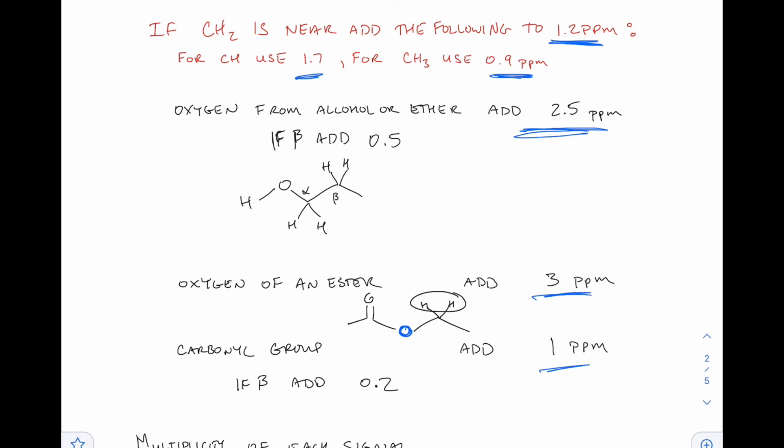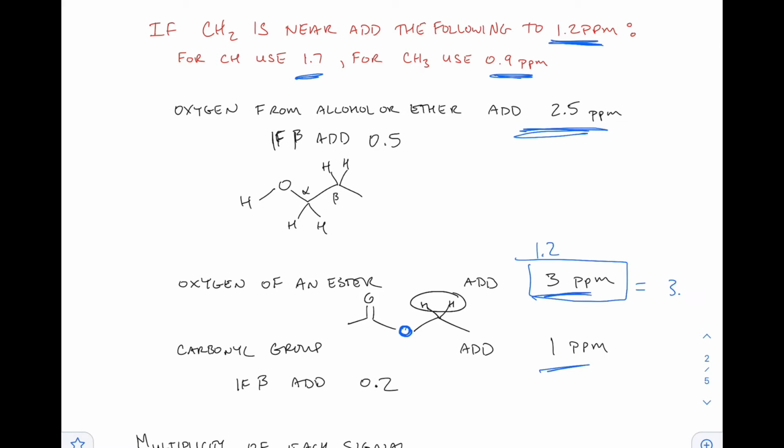So these protons right here. Okay, then if we want to know what that chemical shift is for, let's say just those ester protons that are just circled, then we would have our 3 ppm added to, since it's a CH2, our 1.2, and that gives us an approximate 3 point.